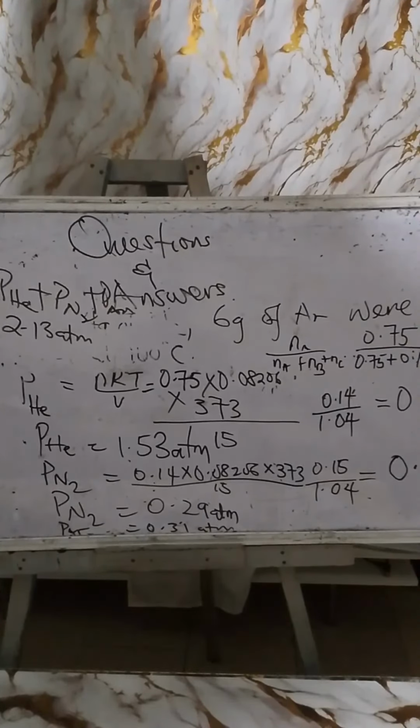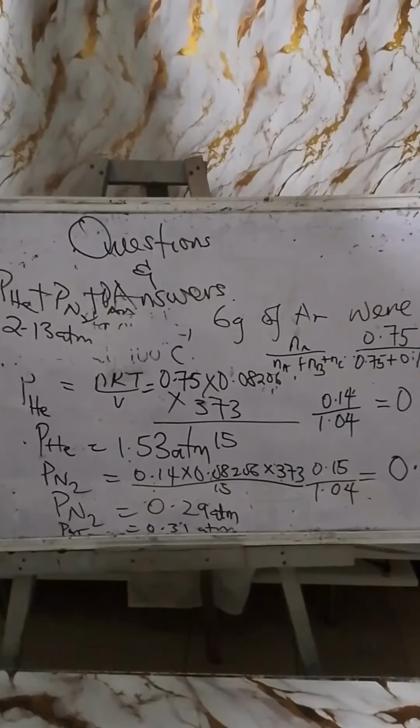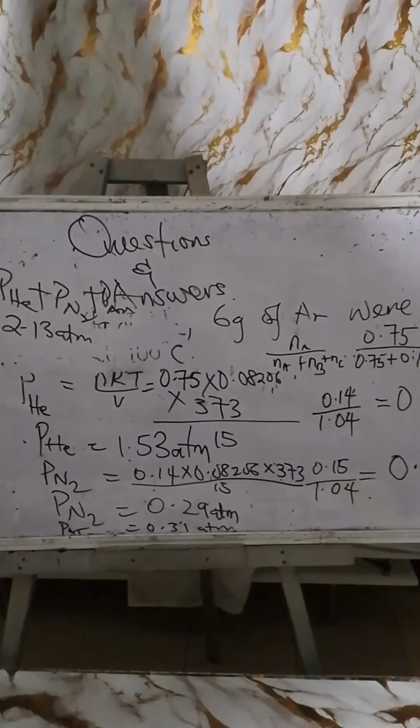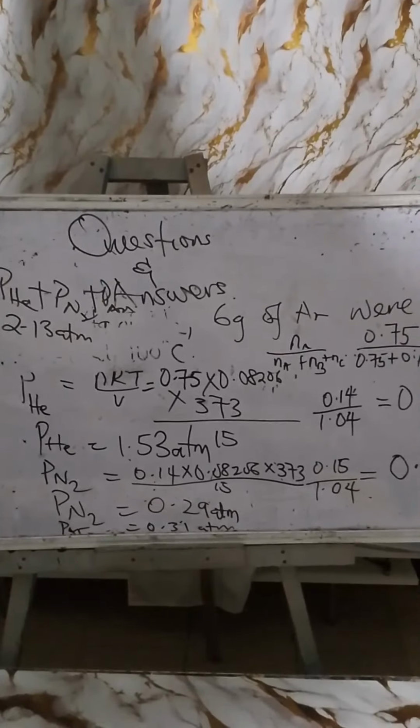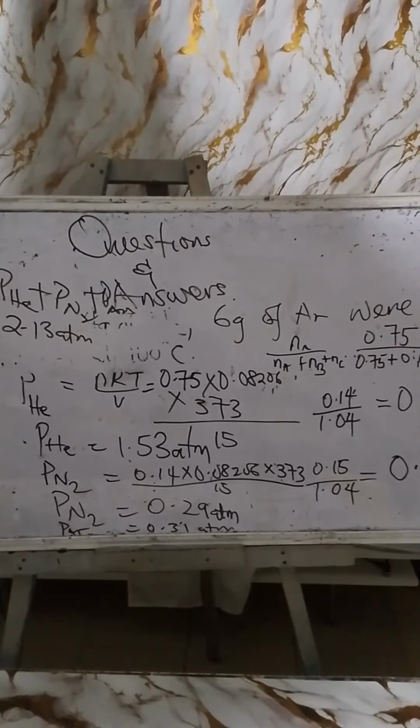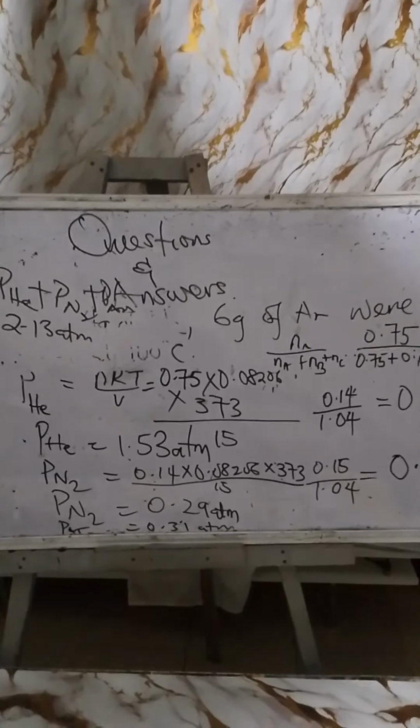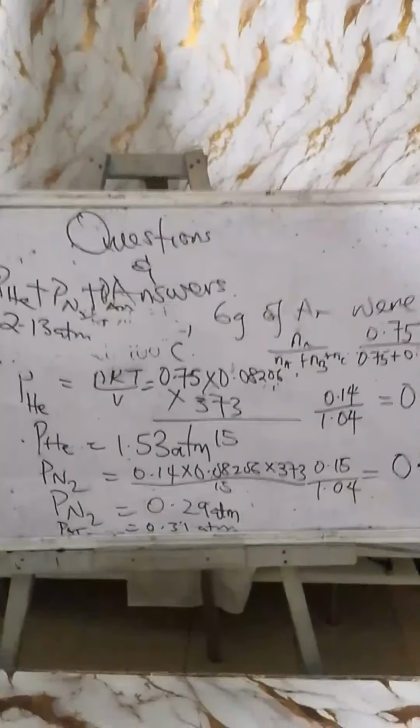No, it's argon that is 0.31, not nitrogen. Somebody is still asking, are we doing JAMB questions? Yes, we are. I hope this reminds you of how to calculate partial pressure.